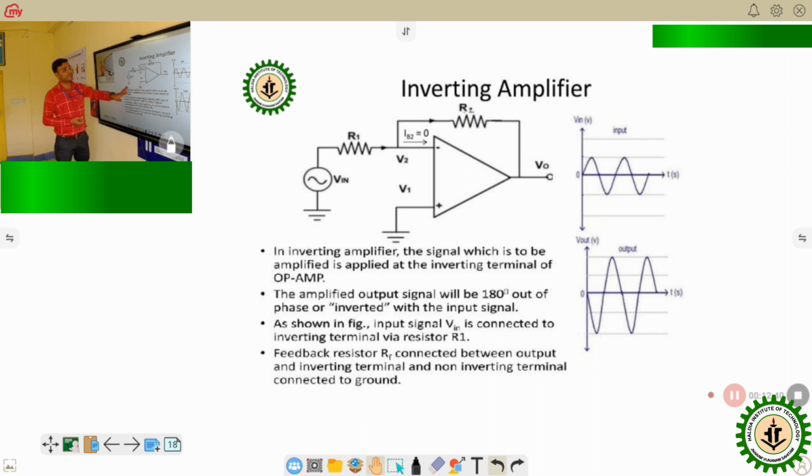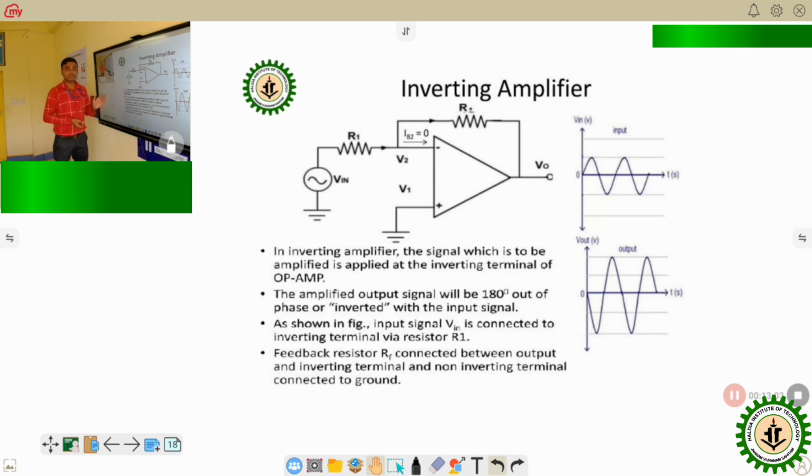The circuit diagram of the inverting mode is shown here. The input is applied at pin number 2, and a feedback portion comes and enters the negative terminal. So this is the circuit diagram of an inverting amplifier.